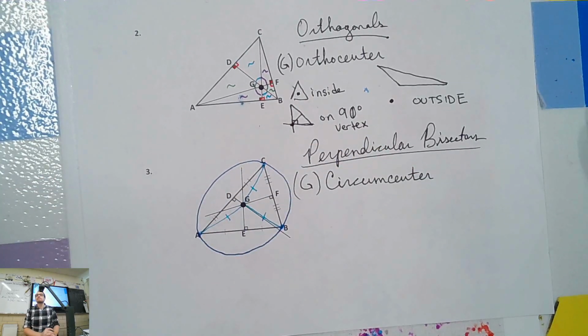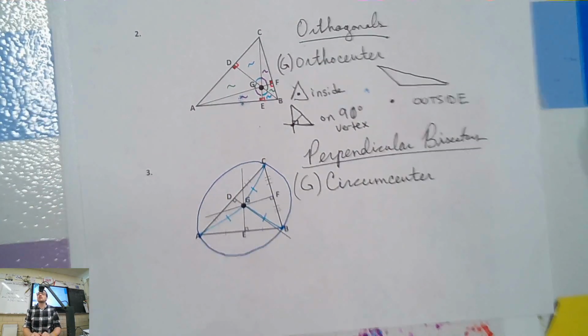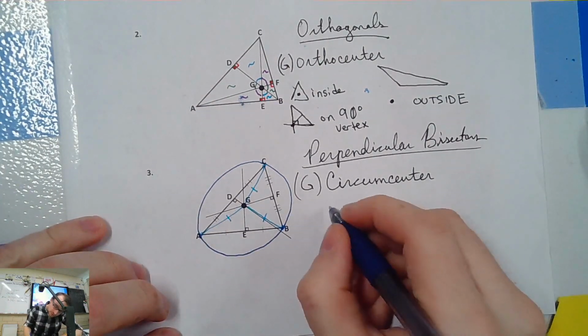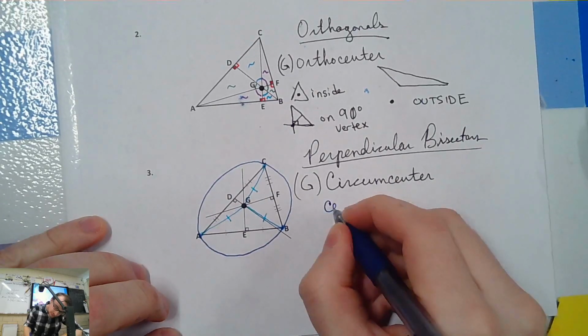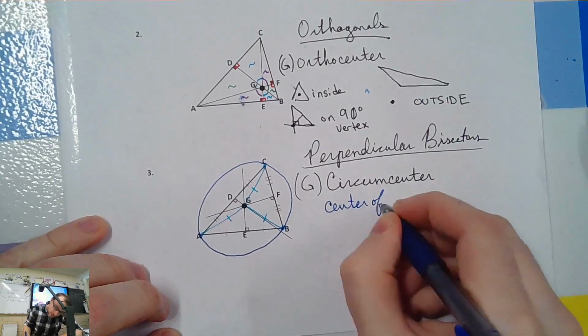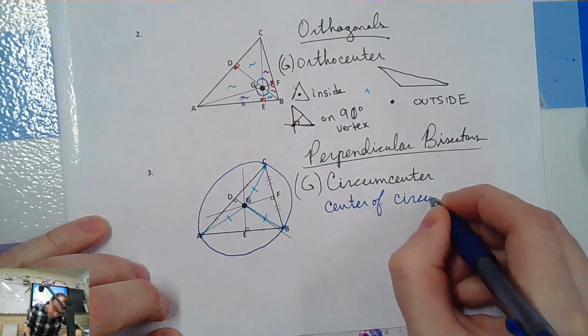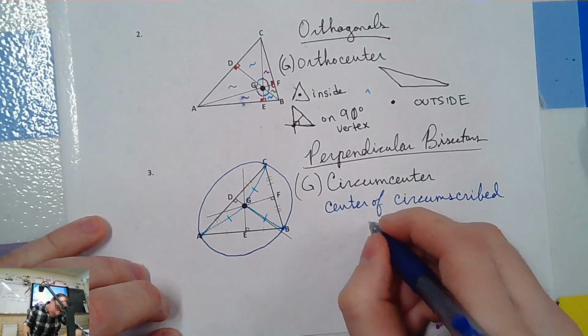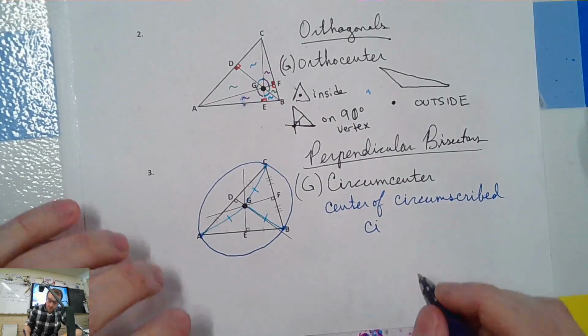We call this a circumscribed circle because it's on the outside, like circumnavigate, right? Go around the world. So G is the center of a circumscribed circle. Scribe means to write. Circa means to like circumnavigate, go around, right?